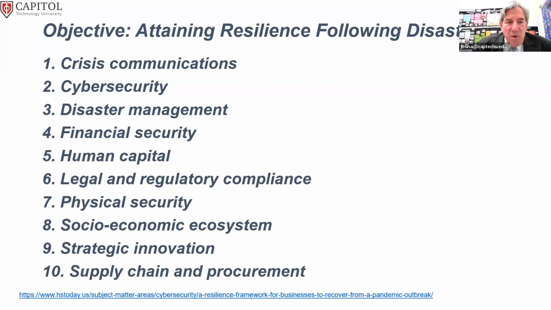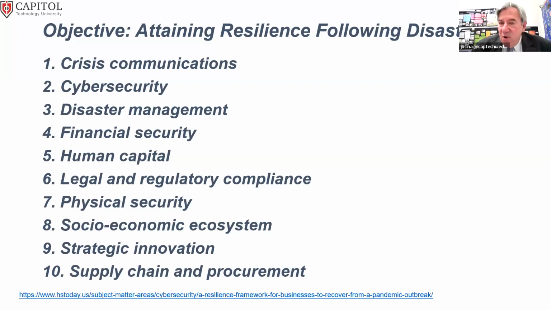Human capital involves a population or a workforce, so having a robust workforce following a catastrophe, being compliant in terms of legal and regulatory laws and regulations, which is extremely important.